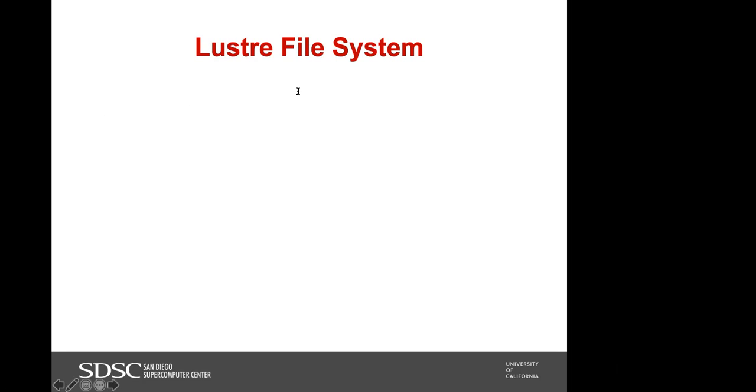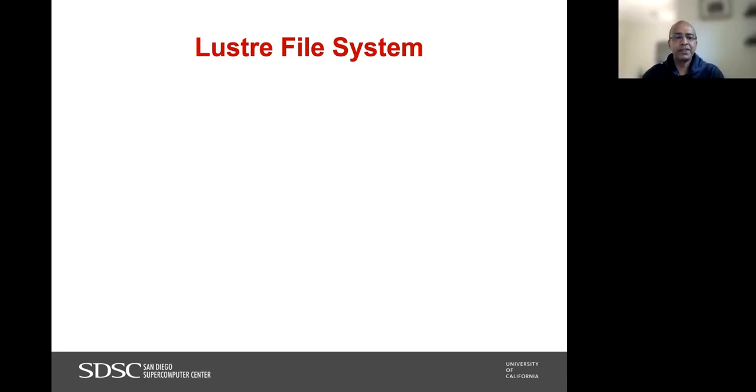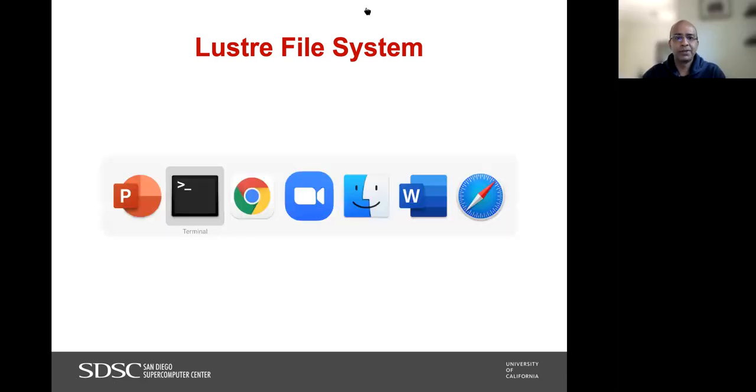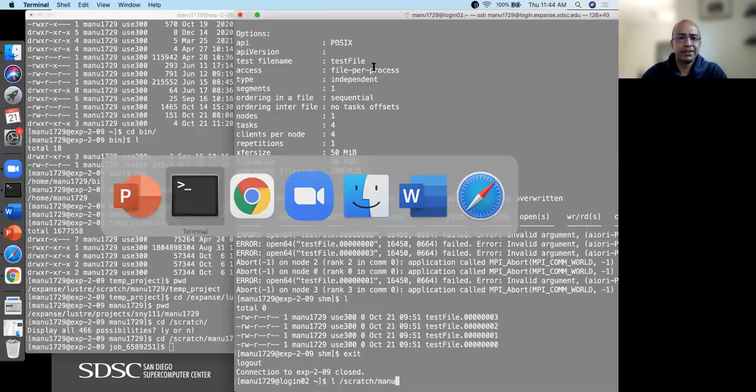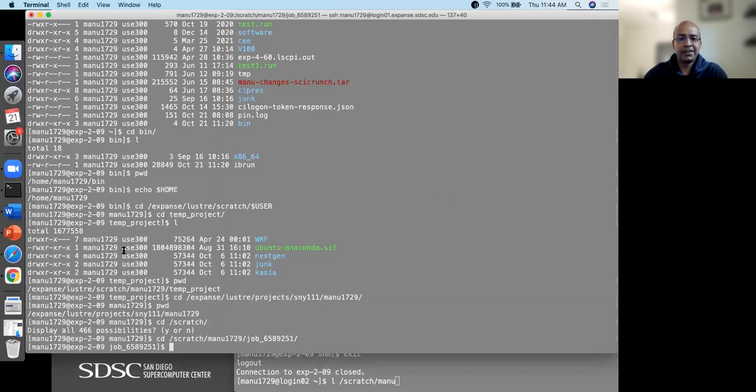Another question is, on Expanse compute nodes, where does one write files to use the local NVMe? Oh, so that is the Scratch that I talked about. I can go here, right? Yeah. So that is the Scratch, $user, and your job ID.